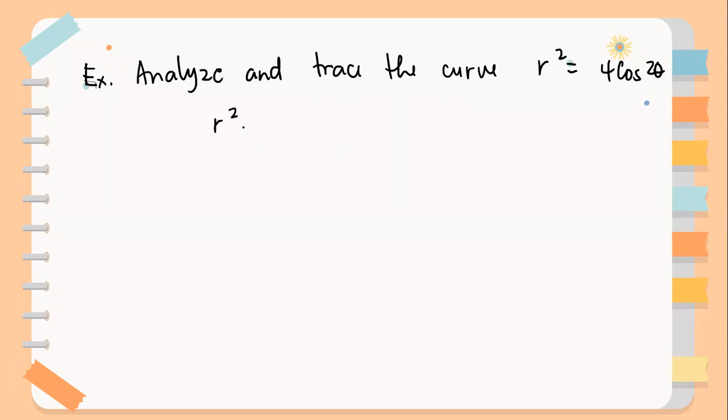Given equation is r² = 4 cos 2θ. Therefore, this one is equal to a² cos 2θ, or that is 2² cos 2θ.